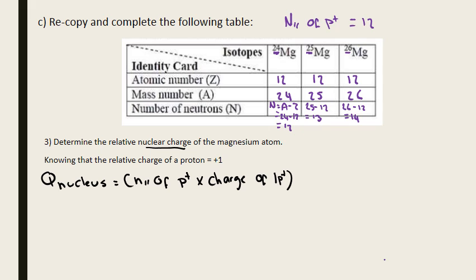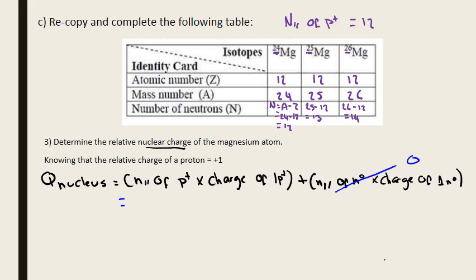Remember, the nucleus has protons and neutrons, so plus the number of neutrons times the charge of 1 neutron. Now, the neutrons don't have a charge, so we can put a line through it and put 0.